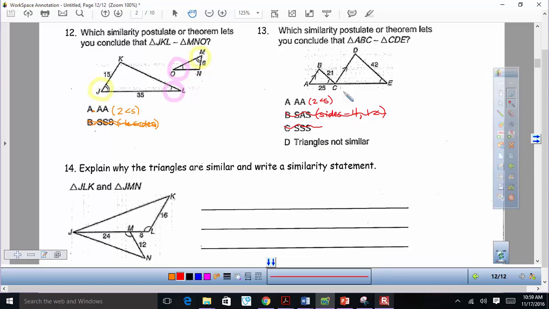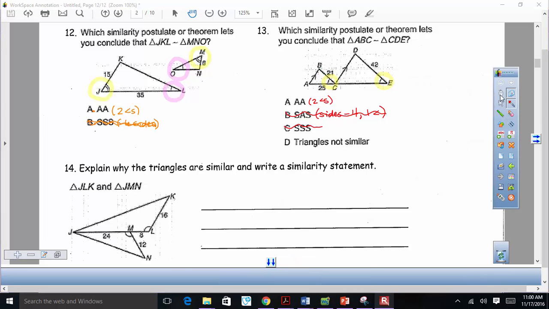Okay? So do we have 1 angle that's the same? Which one? Okay, this angle and this angle. Now, if we can find 1 more, we can prove they're similar. So does anybody have an idea? What do you think, Margot? Okay, good.